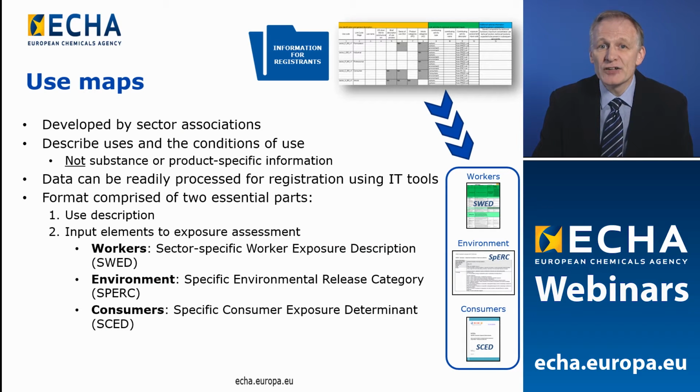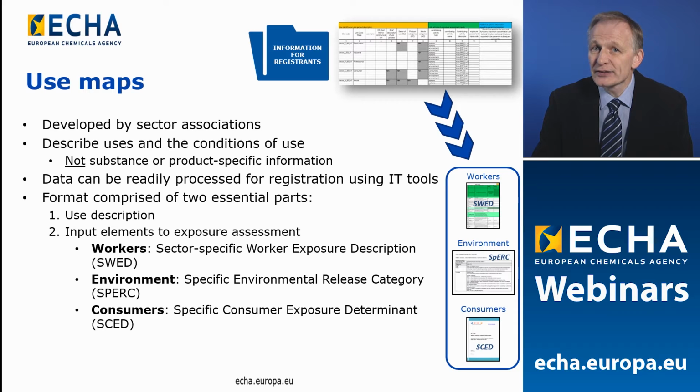Use maps are developed by sector associations, normally downstream user sectors. They describe uses and conditions of use. They provide data that can be readily processed for registration using IT tools.